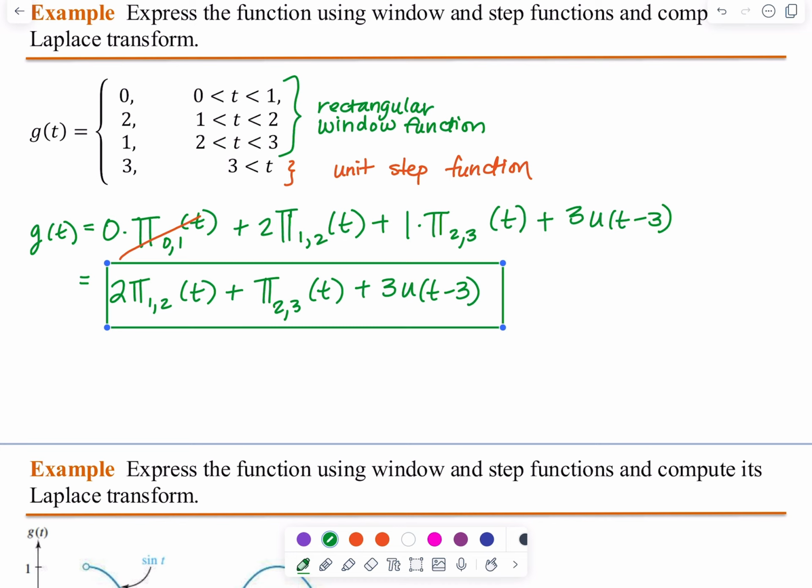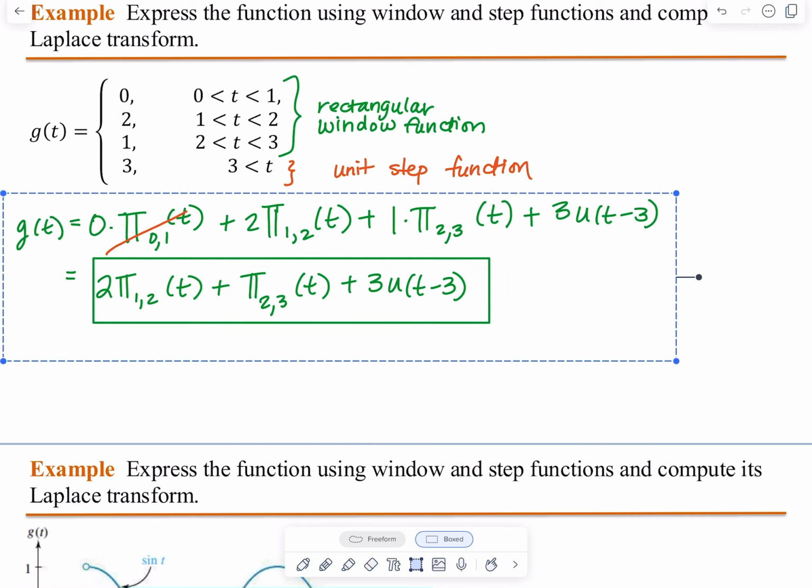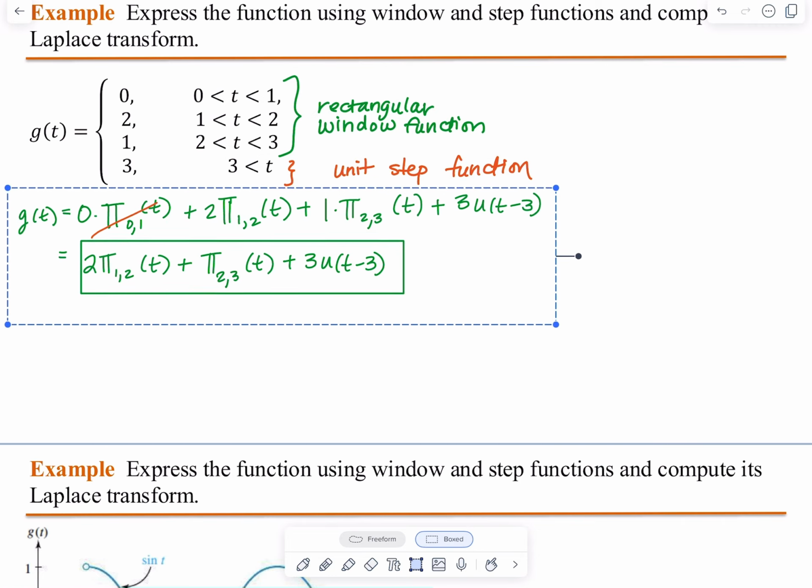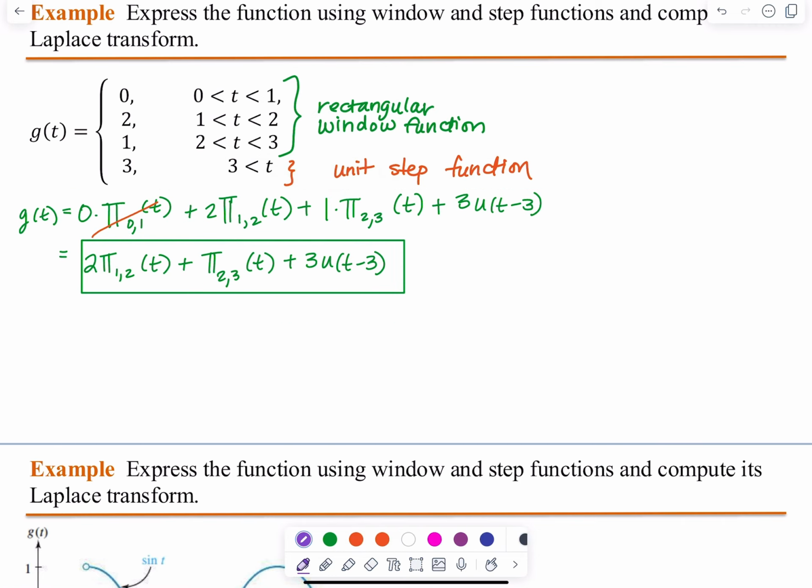Now we do have the Laplace transform of the window function that I will go ahead and write at the top, but it is on the table.